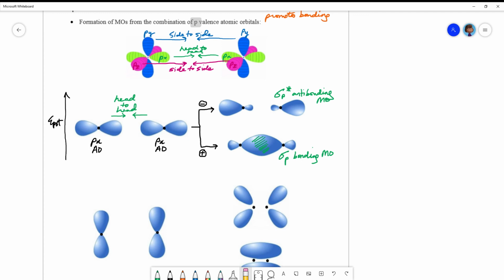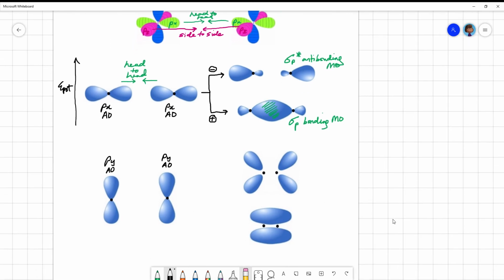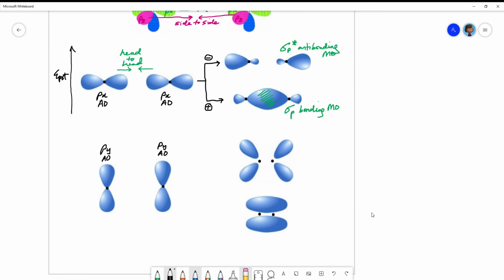Now what about the combination of, say, the py orbitals? Let's suppose I have a py atomic orbital here and another py atomic orbital here, both along the y-axis. Now, these orbitals are not approaching each other head to head. They are clearly approaching each other in a side-to-side manner.